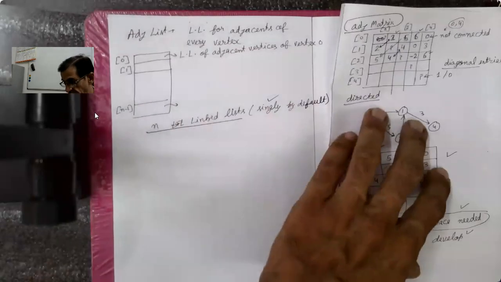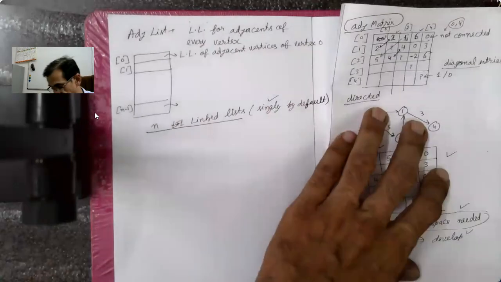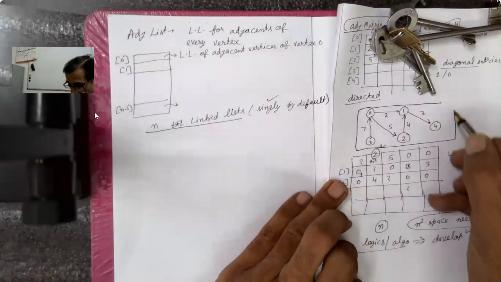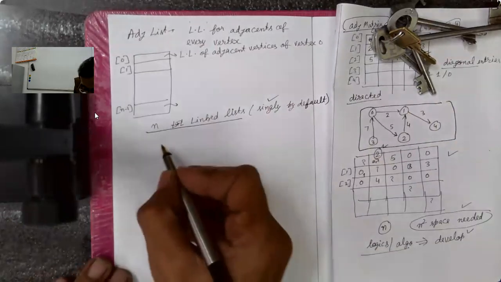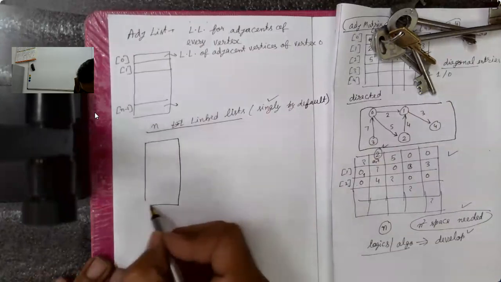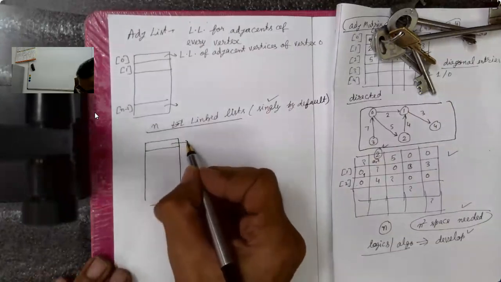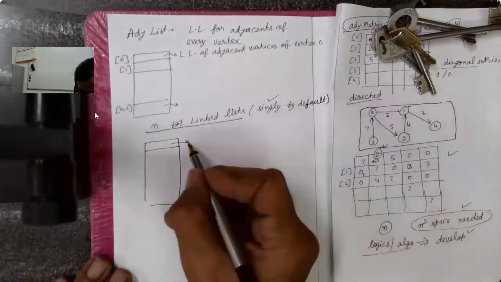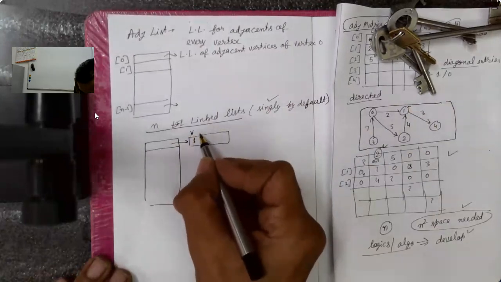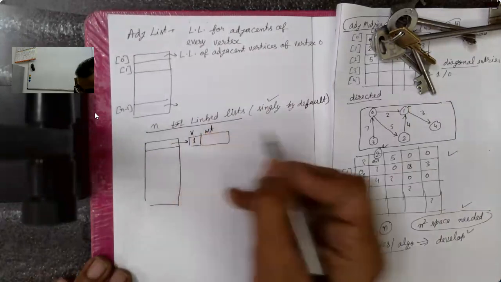Corresponding to this directed graph, I will make its adjacency list representation. So for vertex 0, I have vertex 1 as its adjacent. The vertex number, and its weight also if needed, being stored.